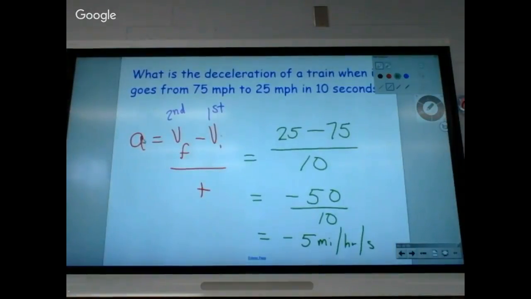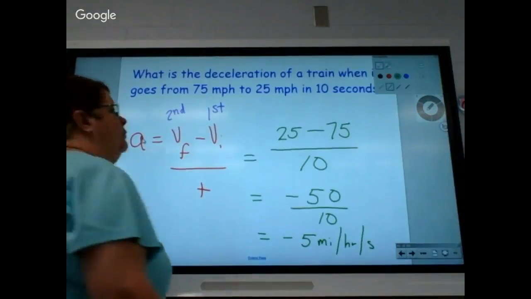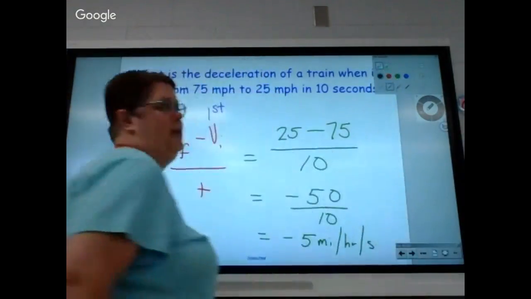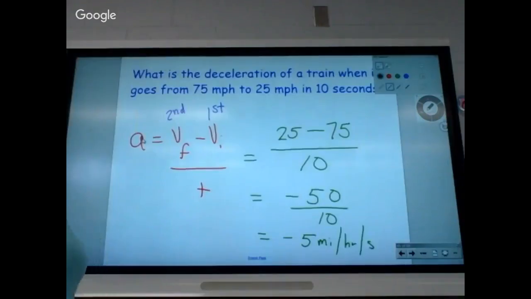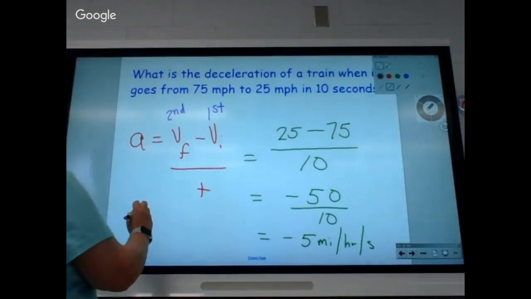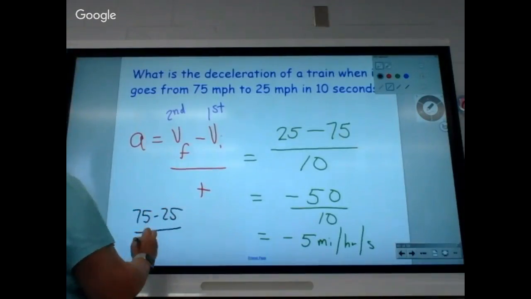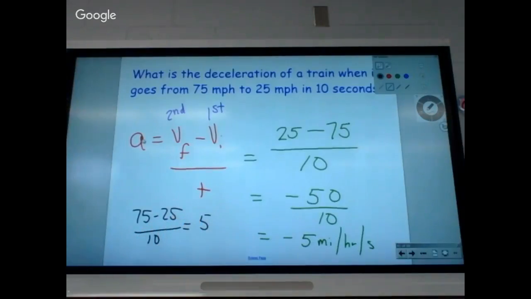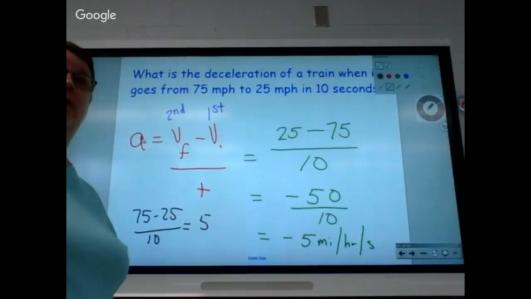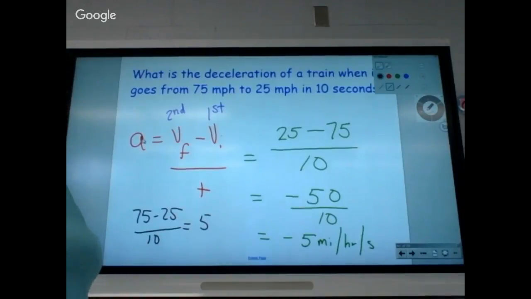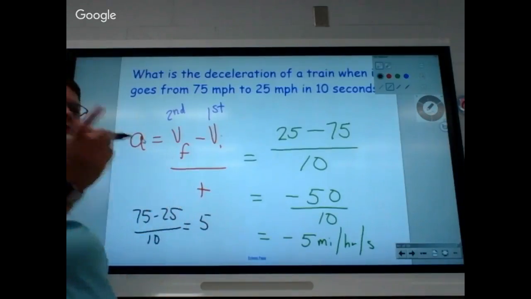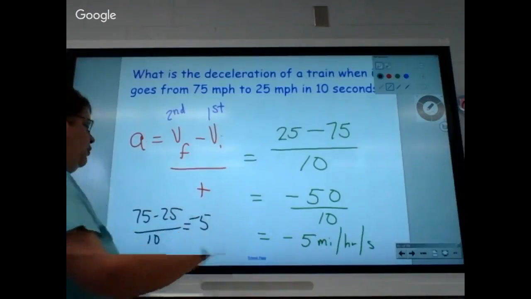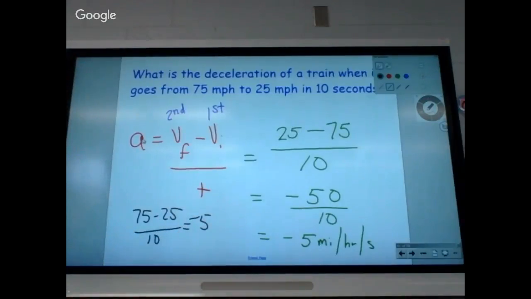Now, let's just say for a second that Damien forgot on the test. And he said 75 minus 25 over 10. And he got 5. Now, all he's got to do is remember what? It should be negative, and then you do what, Damien? That's right. You remember, oh yeah, Miss Wall told me it's negative. And then you do that, and you're good to go.